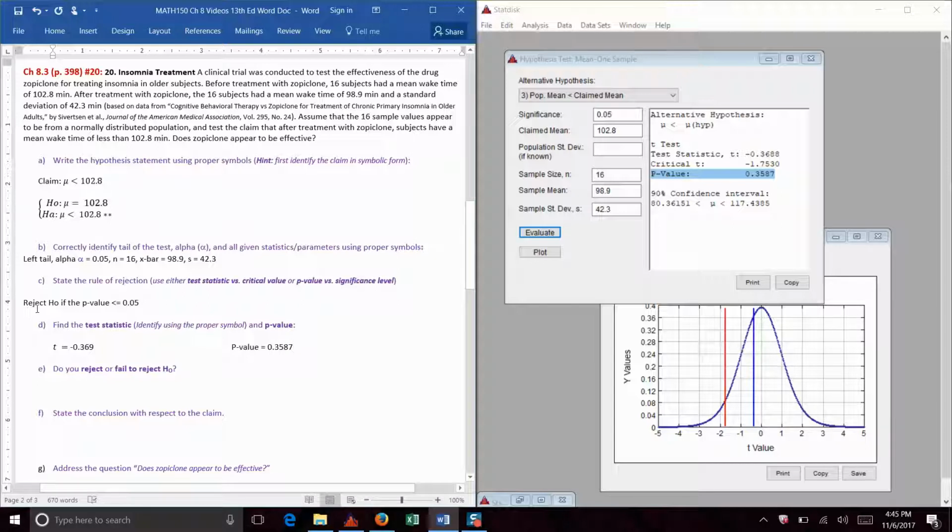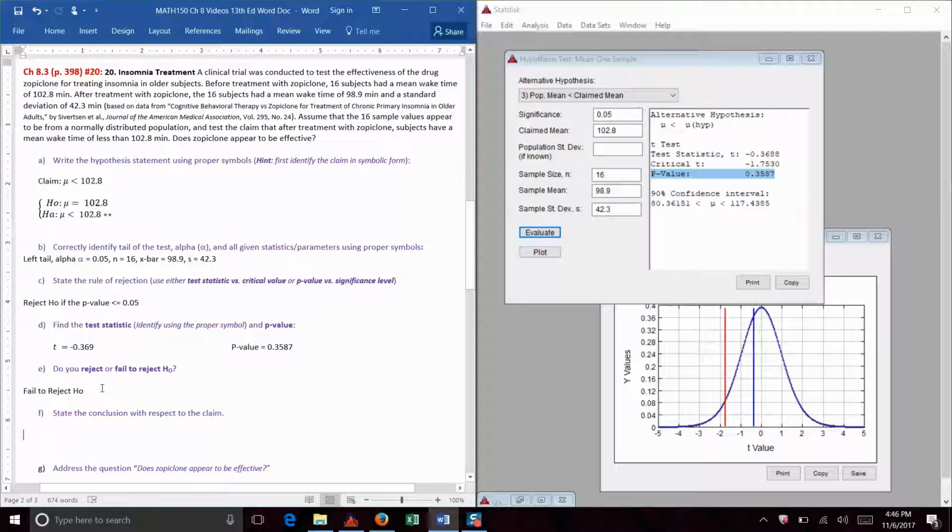So we're only going to reject the null hypothesis if the p-value was less than or equal to 5%. It is not, so we are not rejecting. We fail to reject the null hypothesis. And now when it comes time to write the conclusion, there's two things that we're looking at to start this off with.